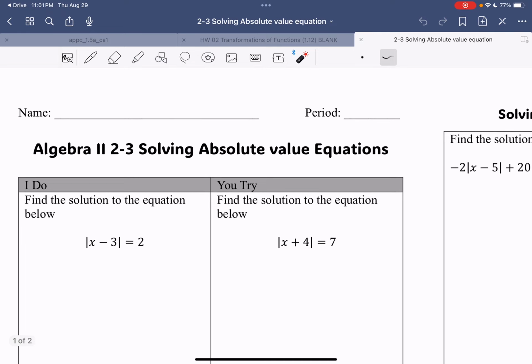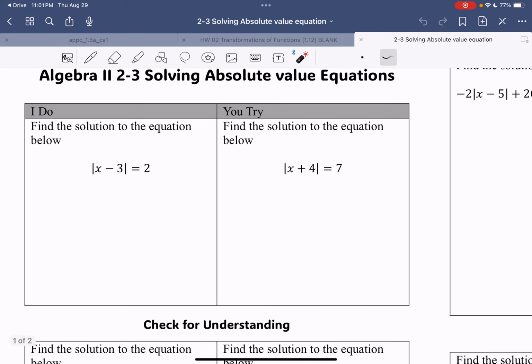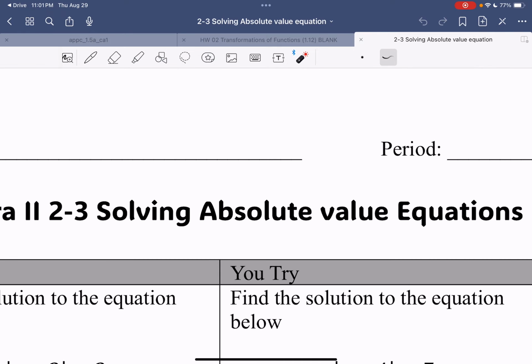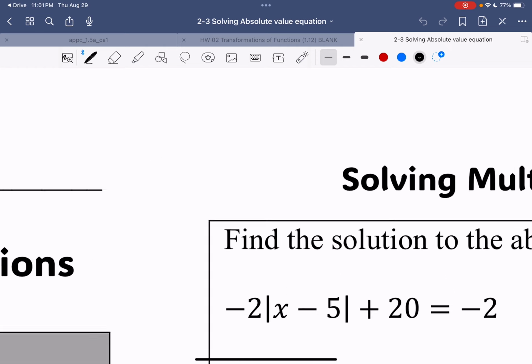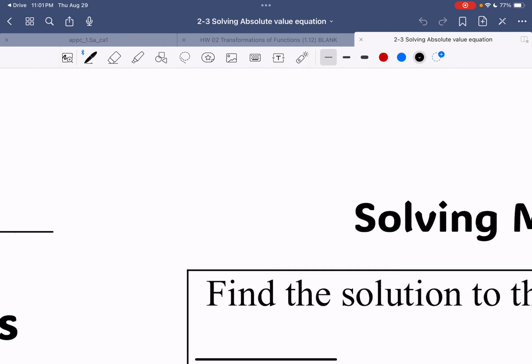Okay. So today I will go over absolute value equations. Before I go over this, you might want to write this down somewhere. So what is absolute value? Let's say, what's the absolute value of -2? You know, absolute value is a distance from 0. If you put a negative number here, it's 2 units away from 0, so I get +2.